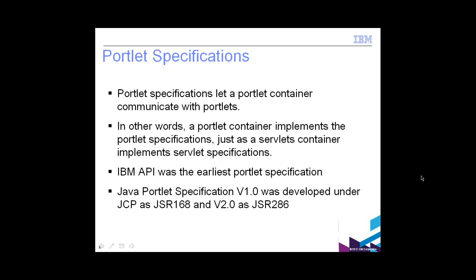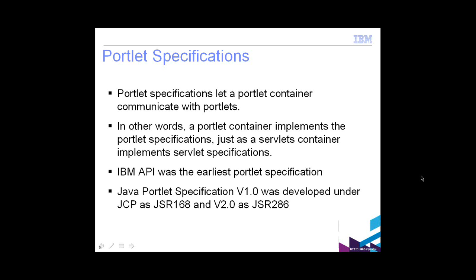Most of the portlets you would see which are being created now are being done according to the JSR 286 specs. Again, pretty similar to servlet specs. Most of the servlets that you would create, you would want them to be according to the latest specs. Similarly, Portlet 2.0 or JSR 286 is the latest specification of portlet.